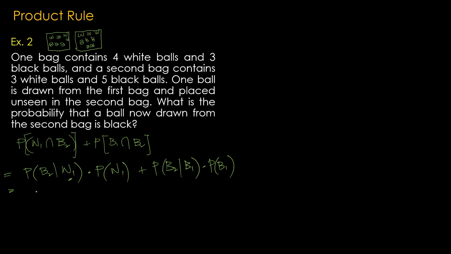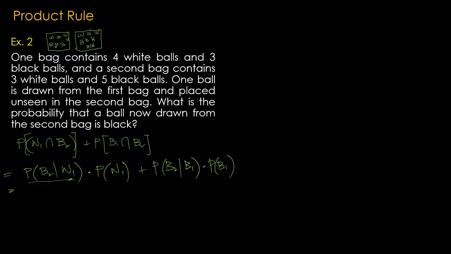For this conditional probability, the probability of drawing black in the second draw, given that you've drawn white in the first draw, meaning we've drawn white here, then we transferred it to the other bag. That is the statement right here.